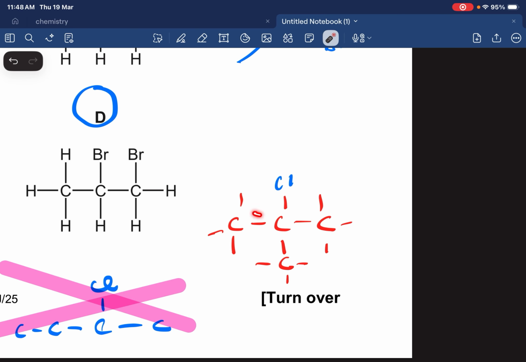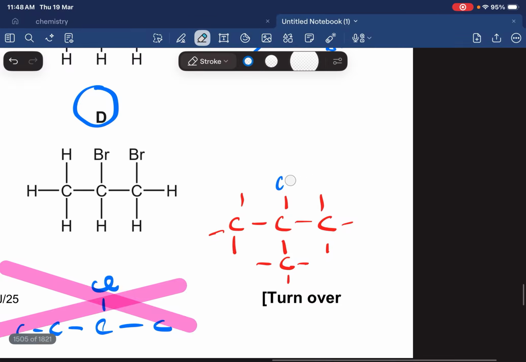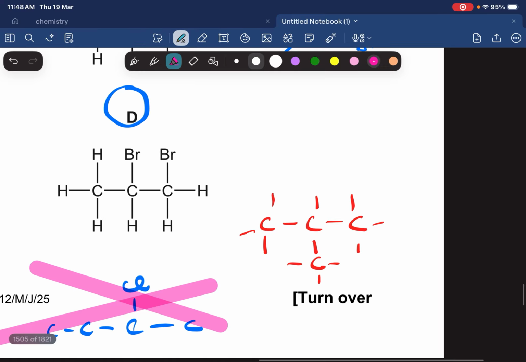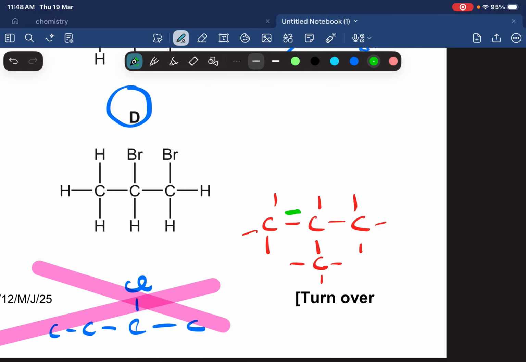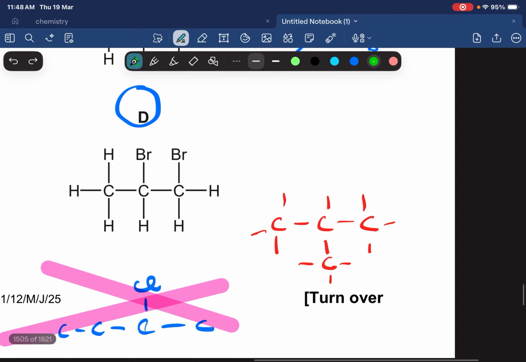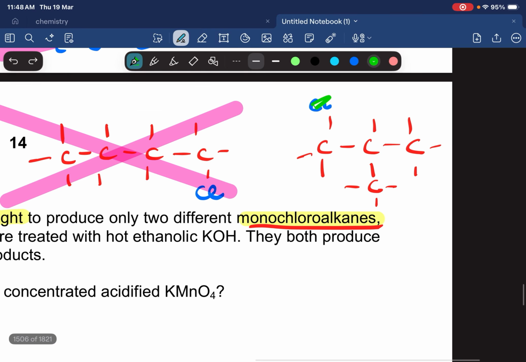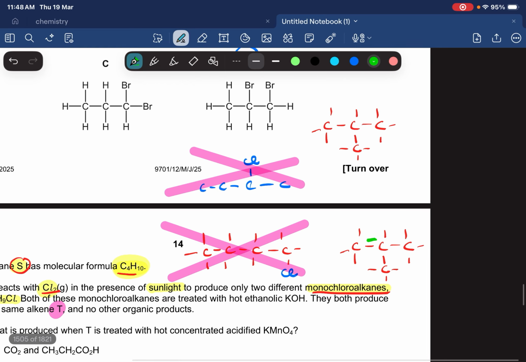If the double bond forms here, it is still going to be 2-methylpropene. So no matter what we do, we're forming the same kind of alkene.